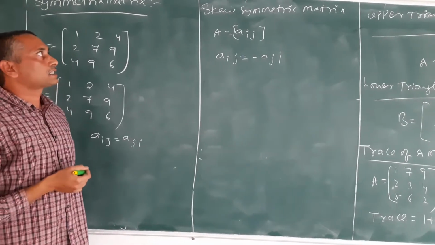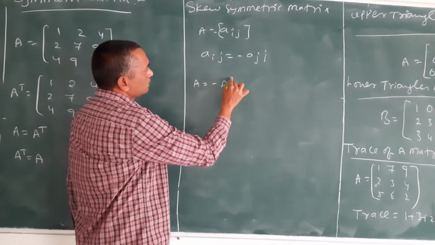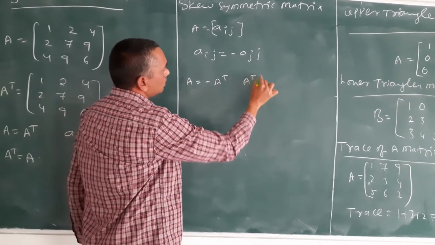Thus A is a skew symmetric matrix if A equals minus A transpose, or A transpose equals minus A.